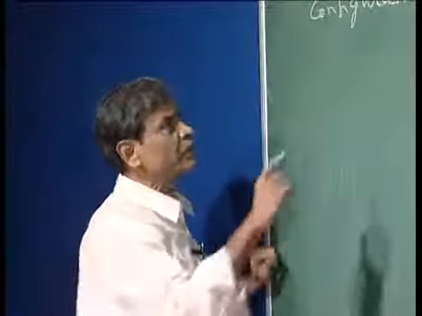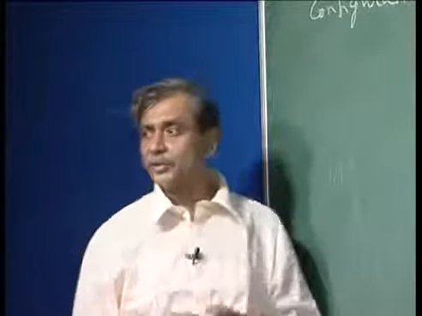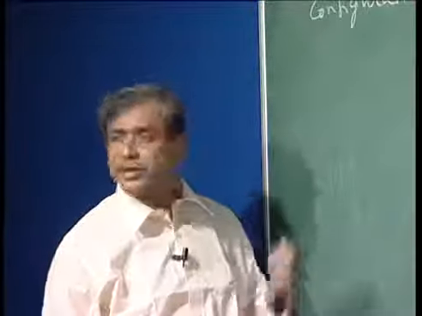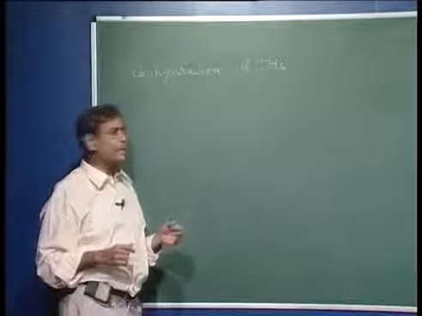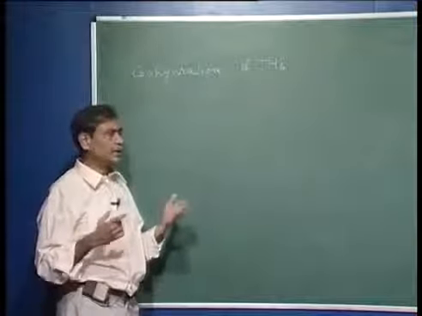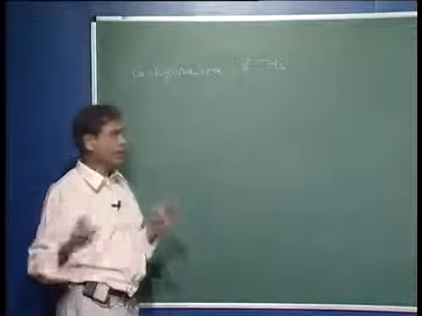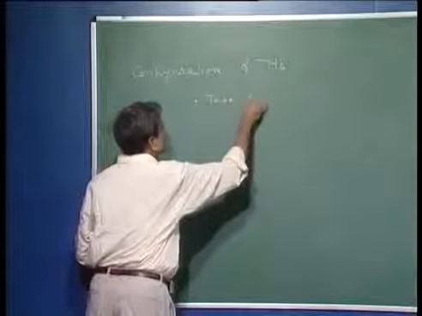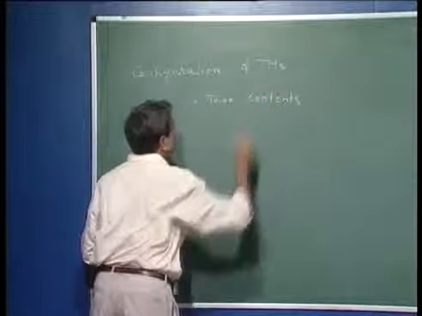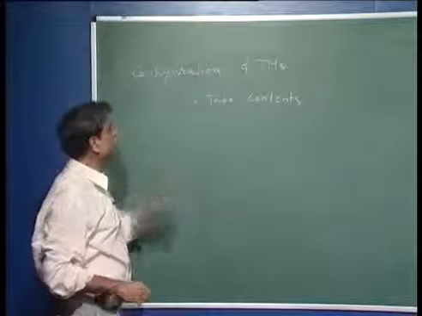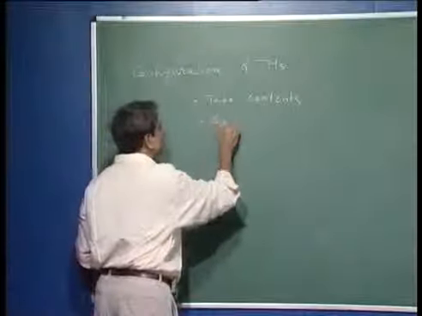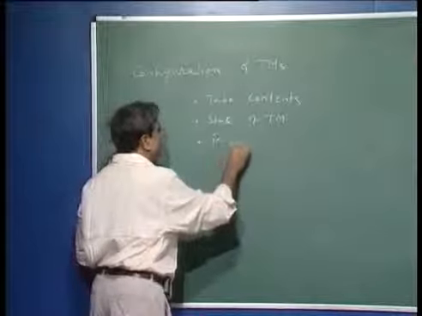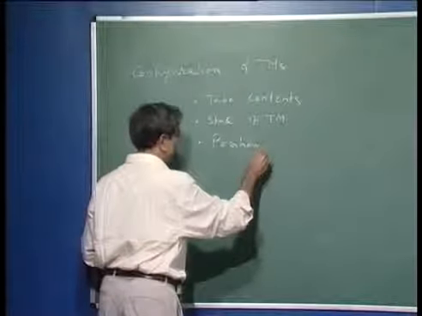Now, the configuration of a Turing machine, at least the one tape Turing machine, the kind that we are talking of, should have what? It must tell me what symbols are there now on the input and the order in which they are there. That is, the configuration must have the tape contents, and it should also tell me the state of the machine, and where the head of the Turing machine is positioned currently.